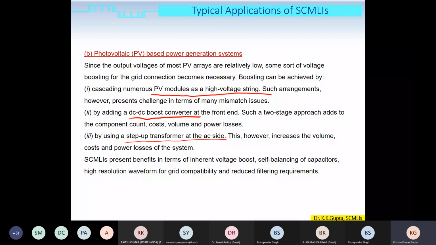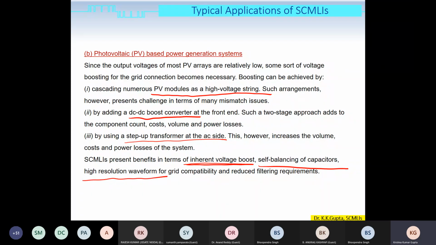So when we use a switched capacitor MLI, it offers many advantages in this kind of system because the inherent voltage boost will lead to a reduction in the boosting requirement. Capacitors are self-balanced, so you do not need a complex, expensive control scheme where you need a lot of sensors and processing requirements.